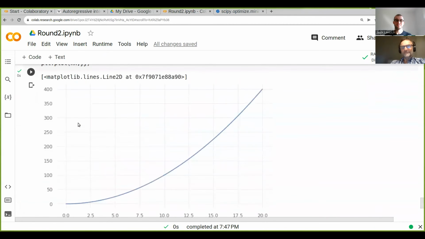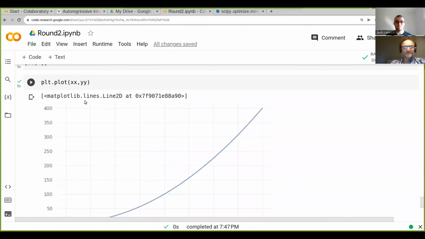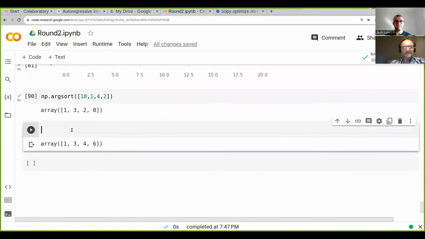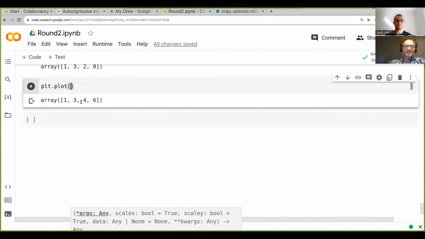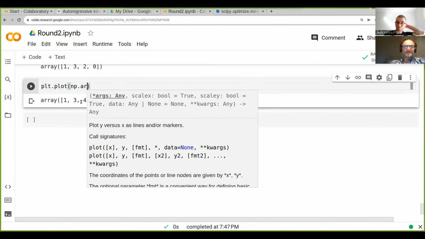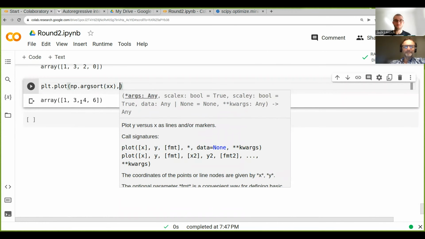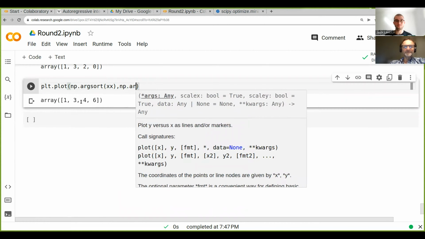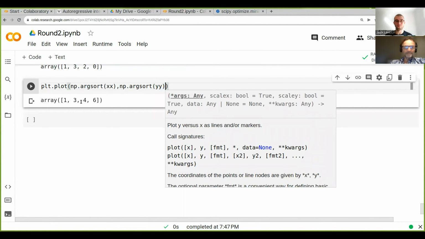And so now if we have this and we use the ranks, what we could do is something like this: plt.plot, and then instead of using x's and y's, we go np.argsort xx and np.argsort yy.